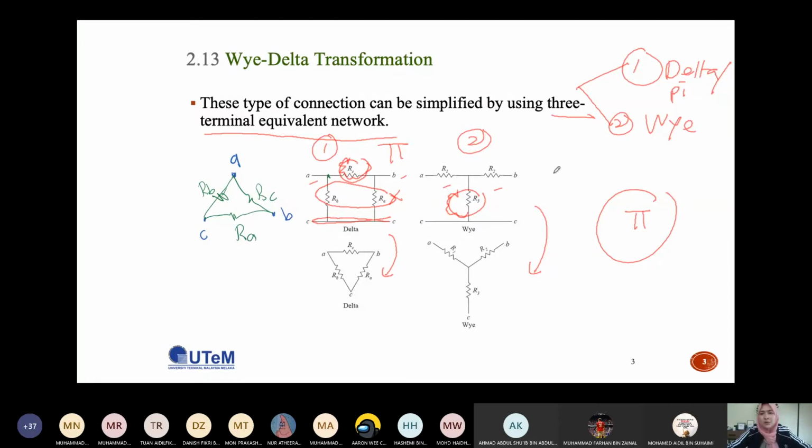For this one, sometimes we call it as a Y network, sometimes we call it as a T network. T is actually T. So this is T. So delta or pi or Y or T network.